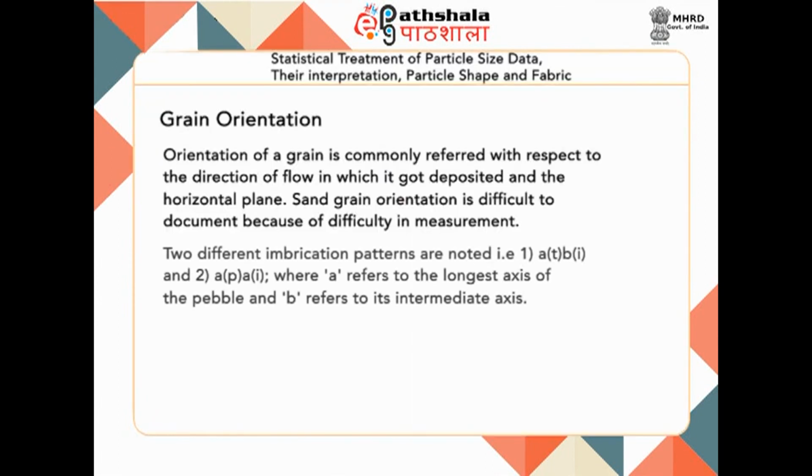2 different imbrication patterns are commonly noted: one is A transverse B imbricated, and another is A parallel A imbricated, where A refers to the longest axis of the pebble and B refers to the intermediate axis.